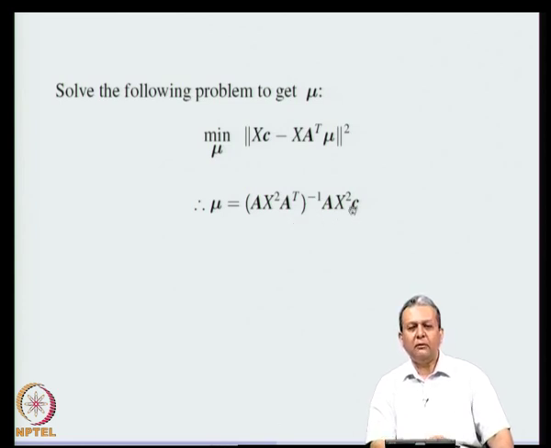So, this is the value of mu. Note that the current point x is part of the matrix X, because the matrix X was formed using the current variable x.